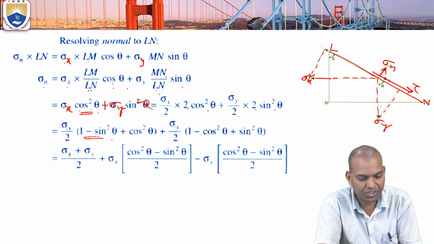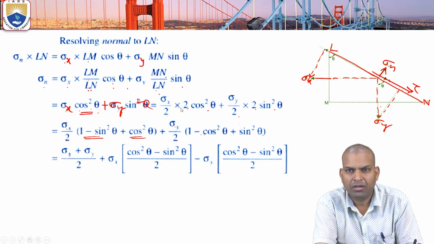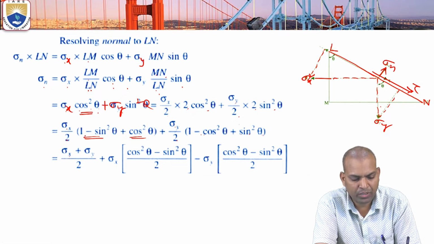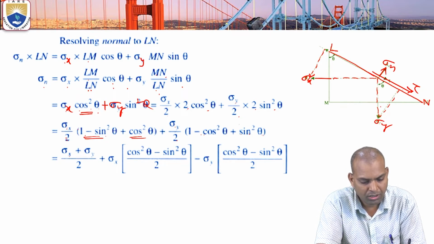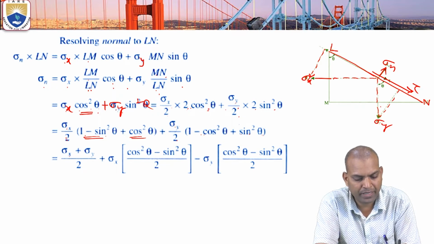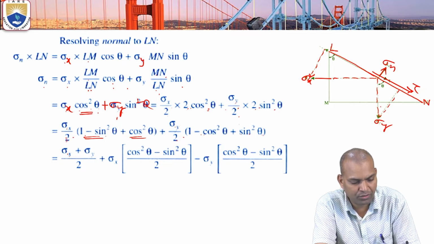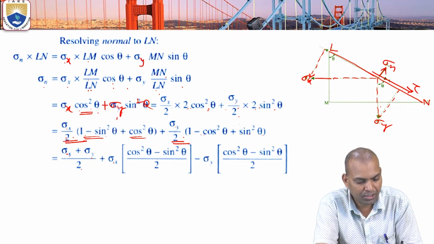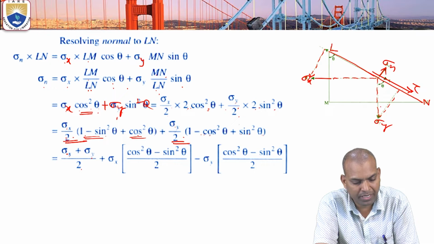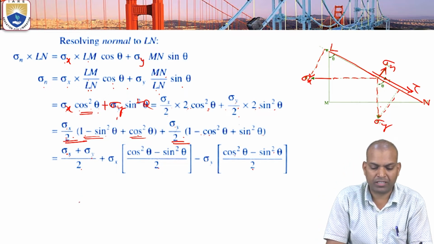After simplification, sigma x plus sigma y by 2, plus sigma x times cos square theta minus sin square theta by 2, plus sigma y times sin square theta minus cos square theta by 2.